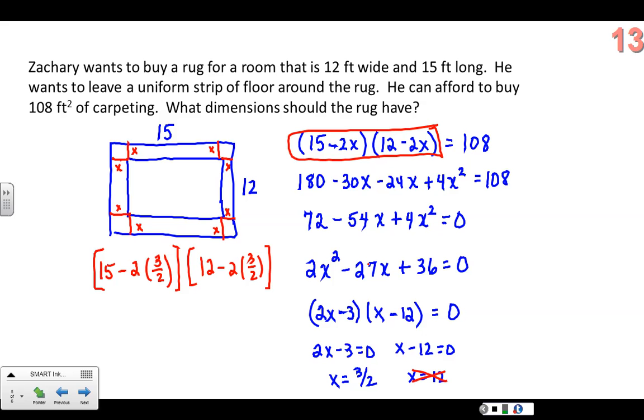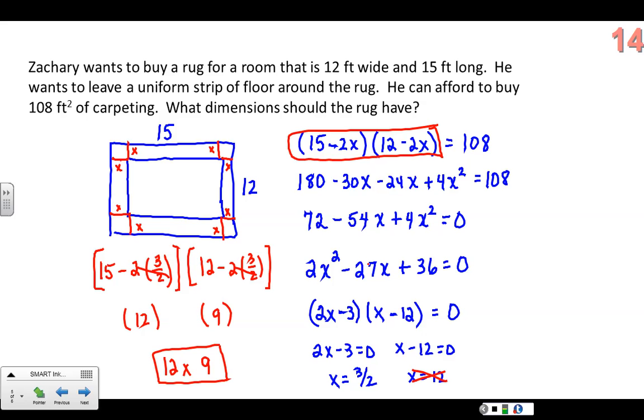So let's see. That would give me 15 minus 3, which is 12. And this one would give me 12 minus 3, which is 9. So 9 by 12 would be the dimensions that I could possibly use of the rug. And if you think about that, 12 times 9 is 108. So the area would work.